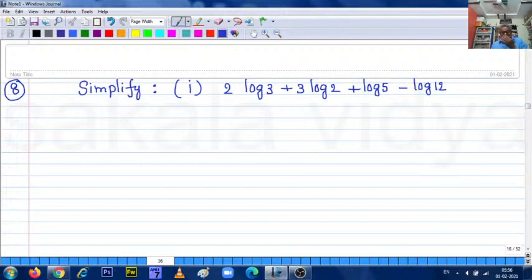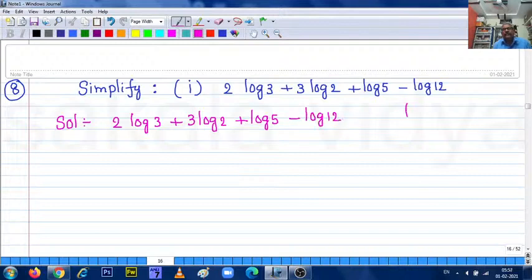Here see the solution. 2 log 3 plus 3 log 2 plus log 5 minus log 12.